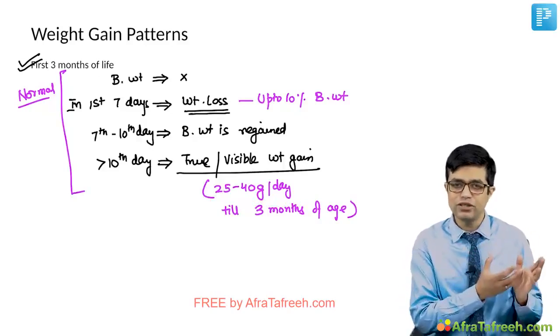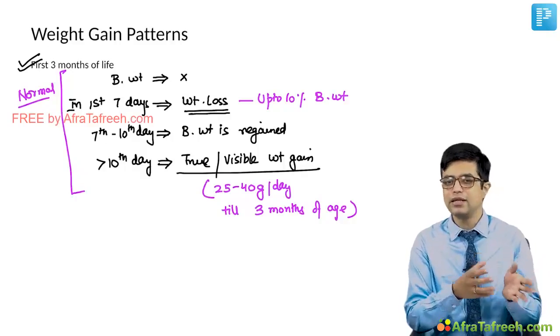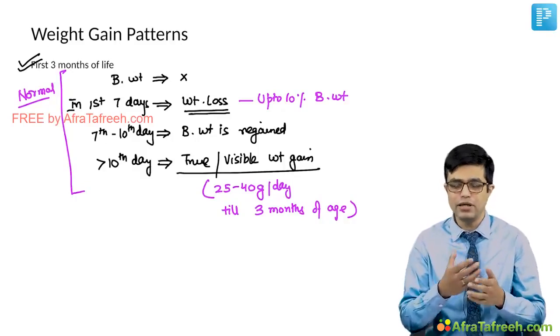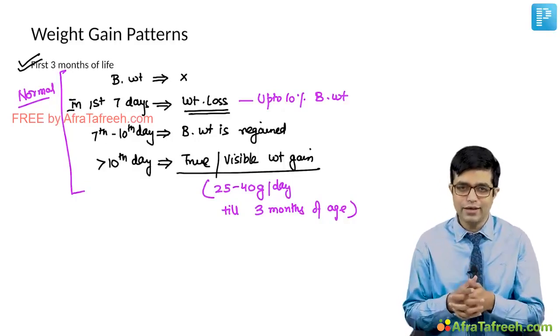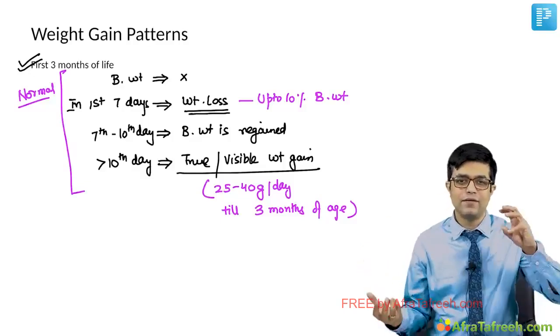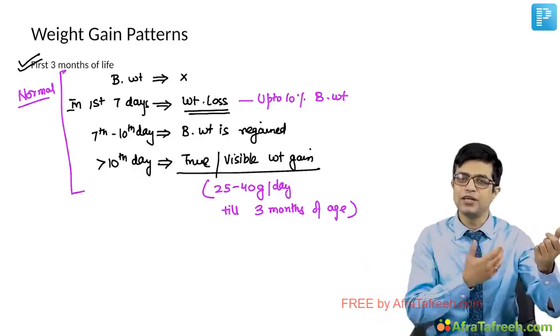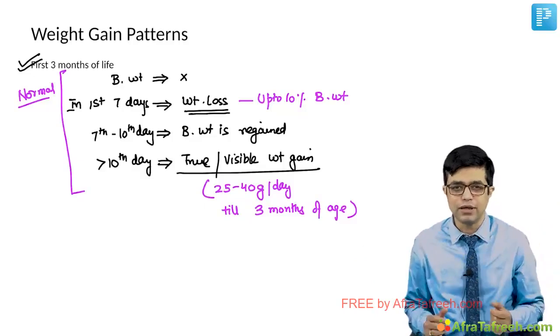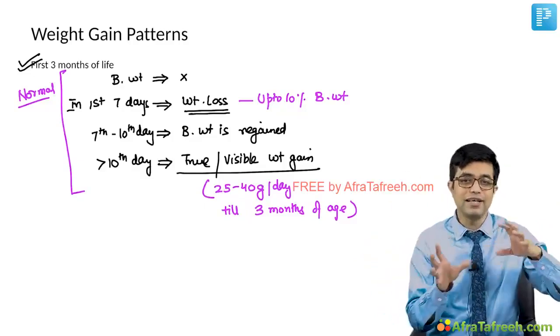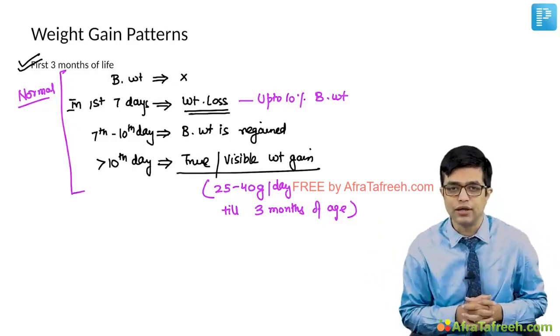So that fluid retention which is there in a fetus tends to get lost in the first 7 to 10 days whenever diuresis happens. Secondly, the gain of weight is less than the weight loss which is happening due to this diuresis, this edema loss. So there is an overall weight loss. Weight gain is happening, but it is not getting reflected in the overall weight of that child.